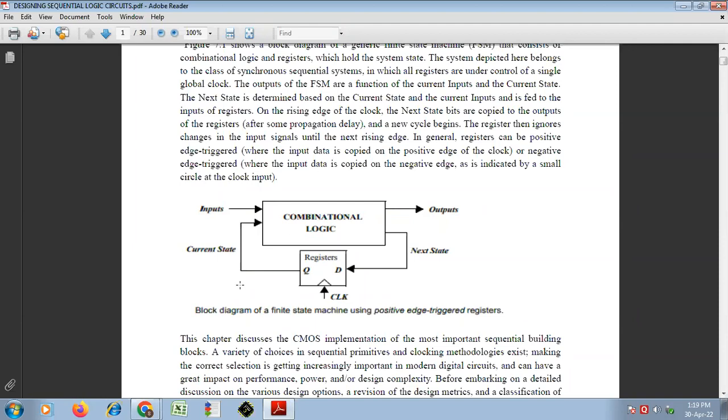It doesn't matter whether you go for a Mealy type machine or a Moore type machine. In both cases, when you implement a finite state machine, you require a storing element. Okay, now in this chapter we are going to discuss the CMOS implementation of the most important sequential building blocks. So these are the different points that we are going to cover under this unit.